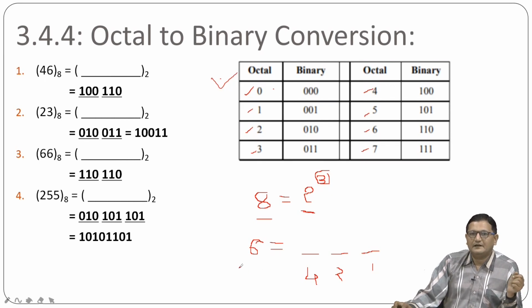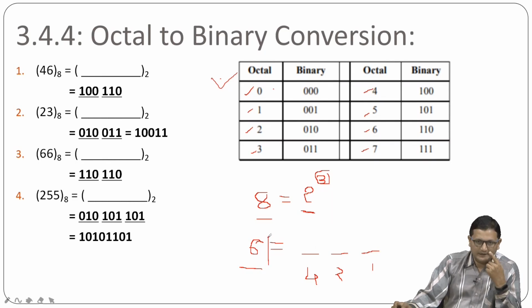Now what we have to do is make a binary of 6. So 6 means we need to collect this 4, right? So 4 we have collected. Now suppose 4 is collected, so you just subtract 4 from 6. So now how many remain? 2. Okay, fine.